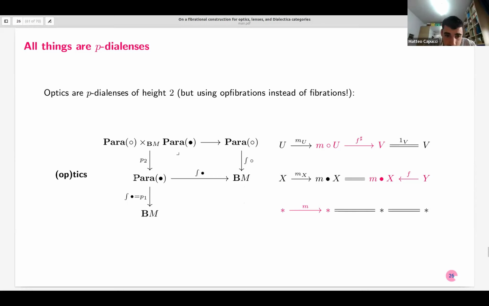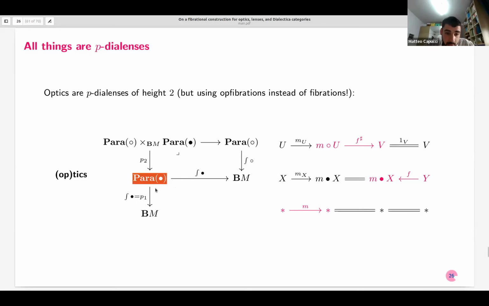And likewise, the para construction is something that takes a monoidal category acting on another category and builds a bicategory, which here we consider just as one category of morphisms parametrized by that monoidal category acting, okay? So here on the bottom, we have the one object category corresponding to the monoidal category of residuals of the optic.